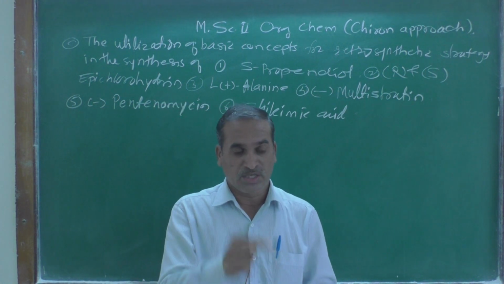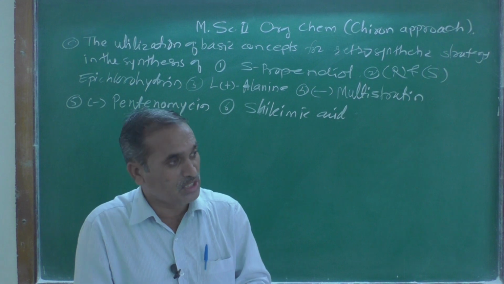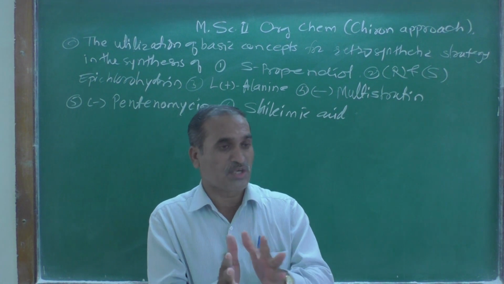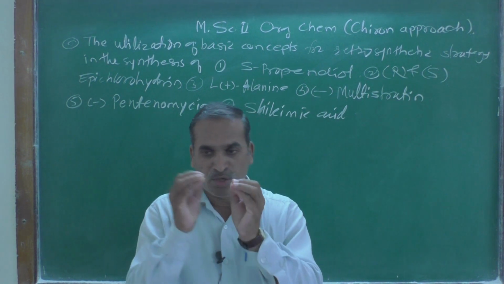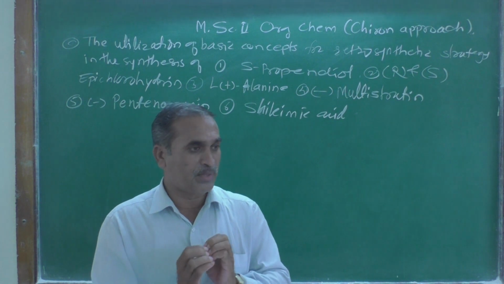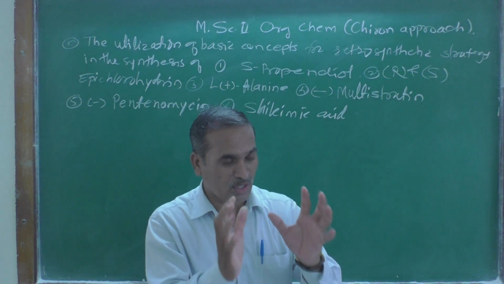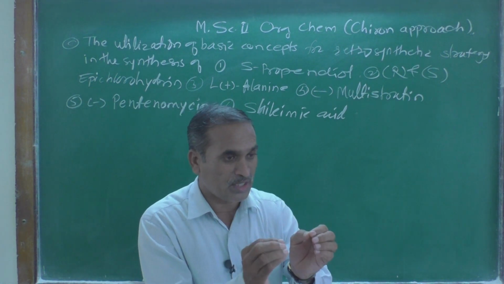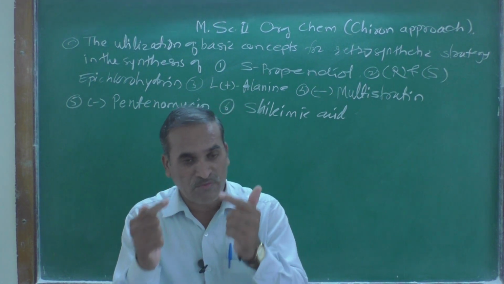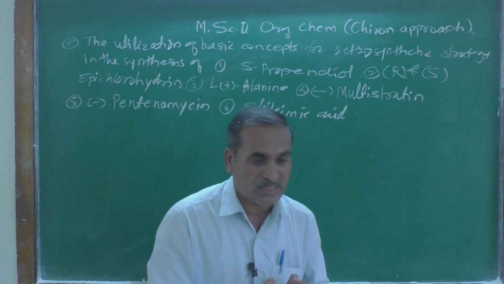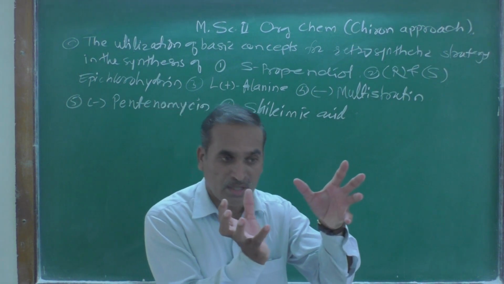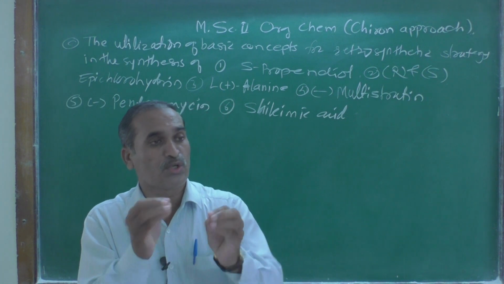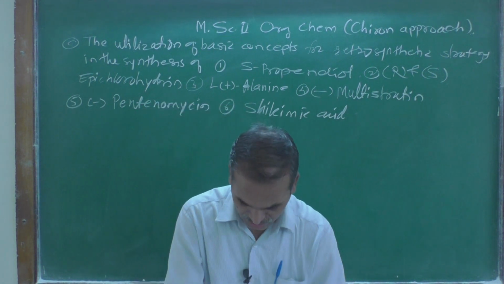The molecule should be disconnected in such a way that you get the proper segment, which we can call a Chiron, and that Chiron should have symmetry or a chiral center, sense of chirality, stereochemical aspects, everything must be there. That is called a disconnection.